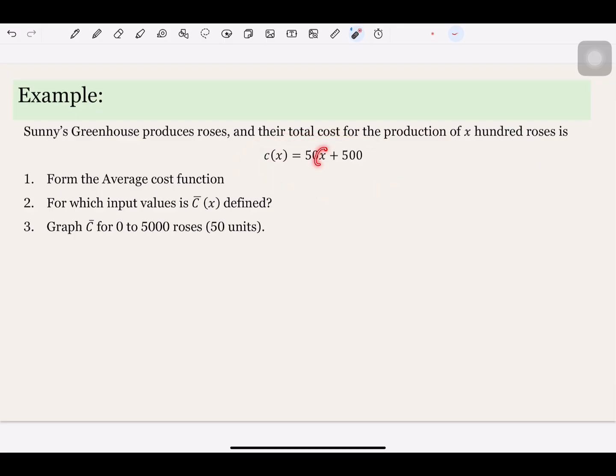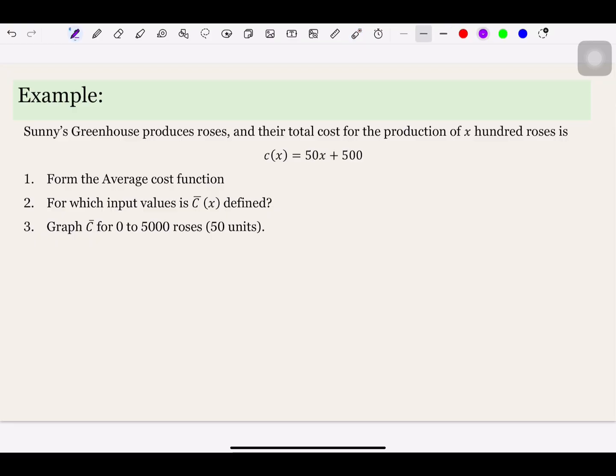Note that here x represents the number of roses, and the roses are given in hundreds. The first part of this question is to find the average cost function. That means we have to find the average cost per 100 roses.